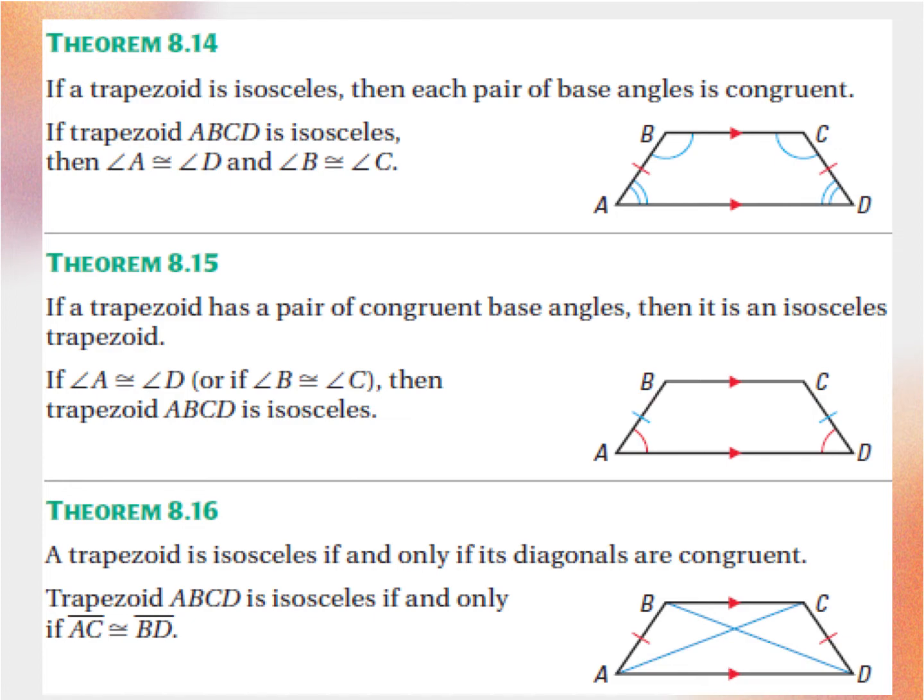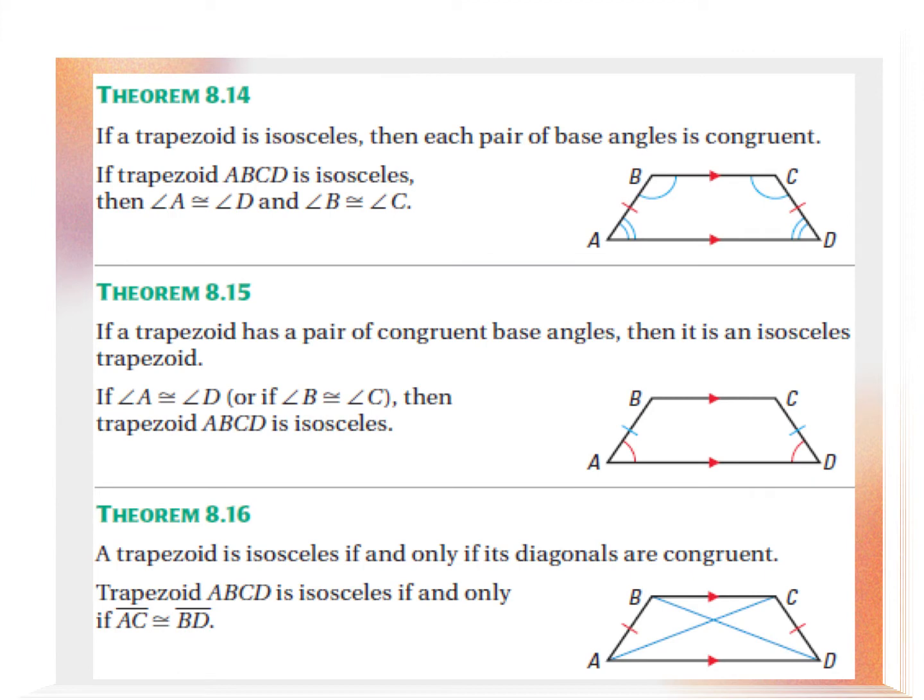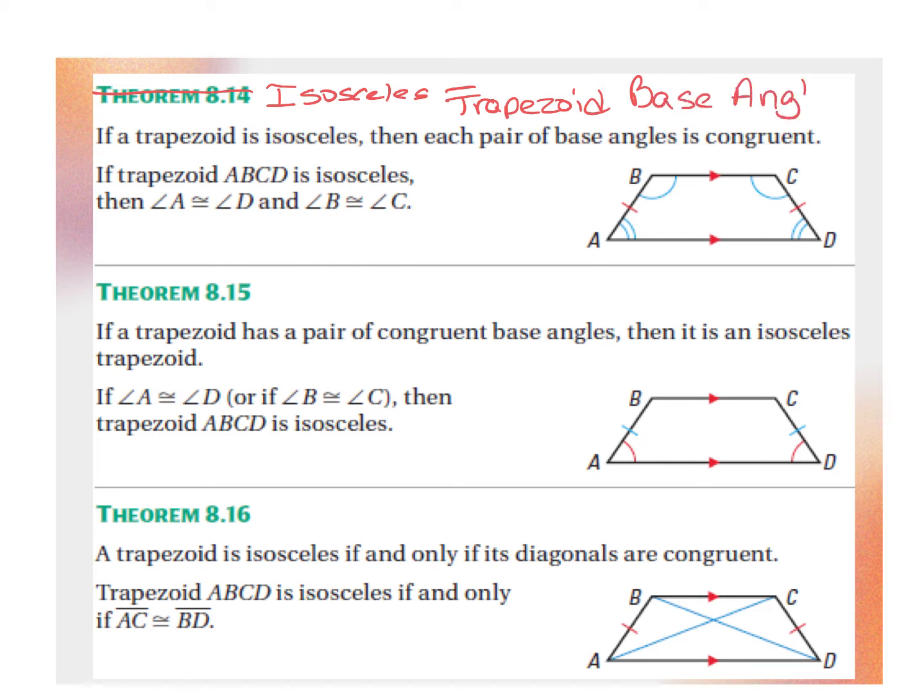The first one doesn't have a name, it's got a number, so we're not memorizing the number. The first one is called the isosceles trapezoid base angles theorem. I'm just going to abbreviate theorem as THM.